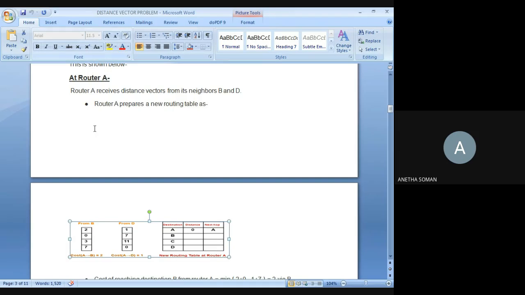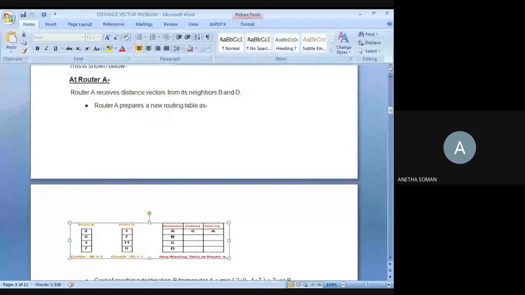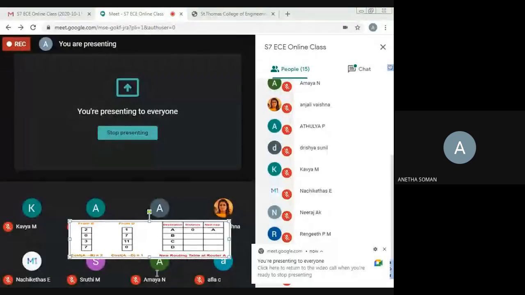One second. Okay, so what is the fixed cost from A to B? What is the cost from A to B? You have to write it.